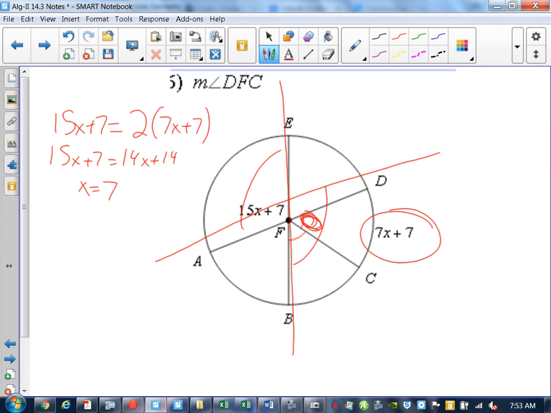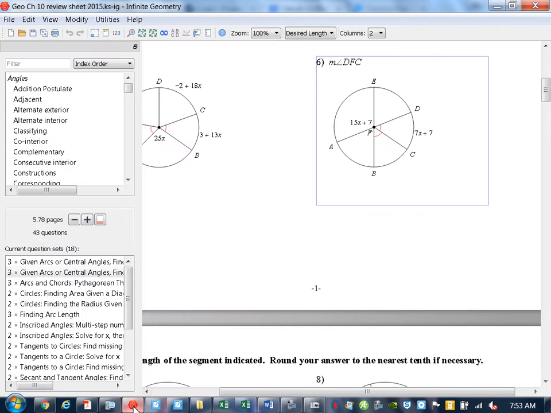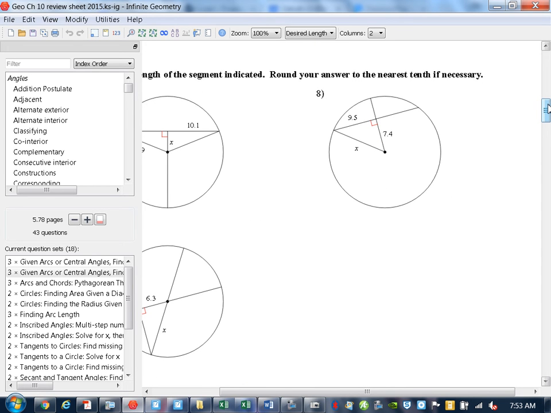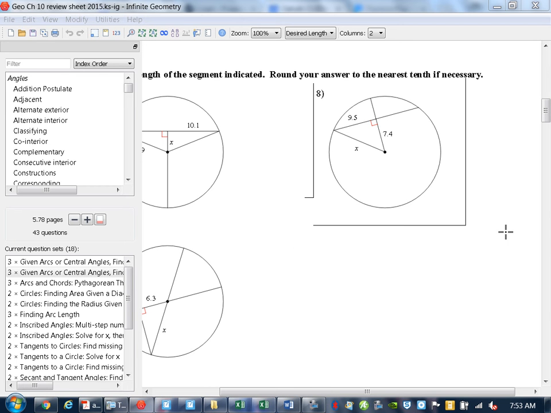They're all basically the exact same problem. And you're going to kick yourself.